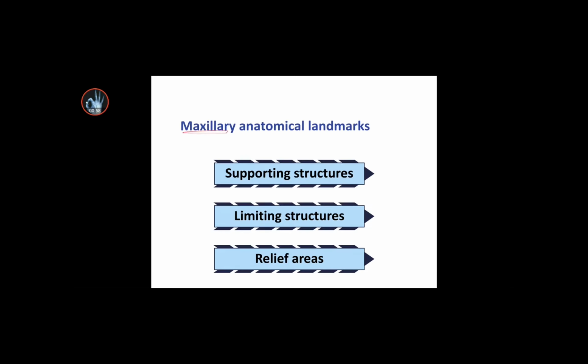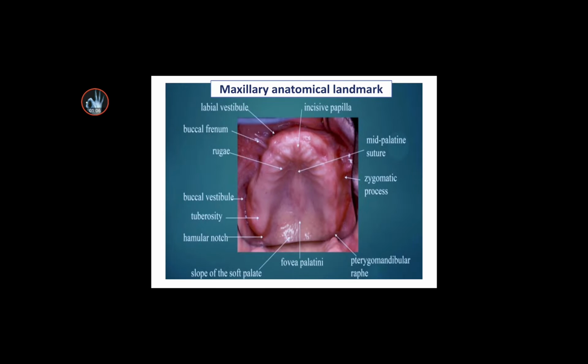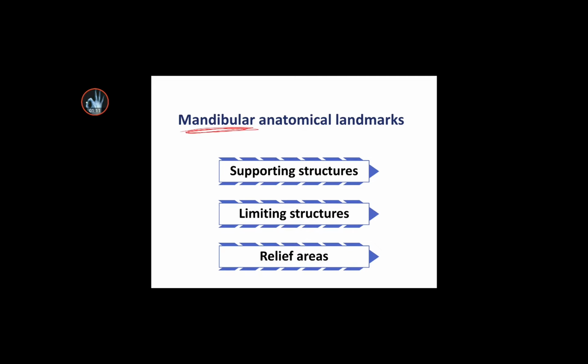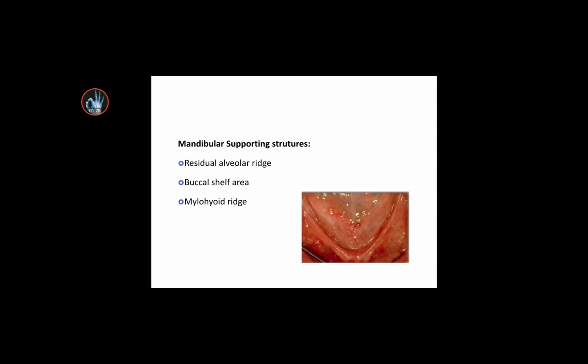In the maxillary we talked about it in 3 lectures: supporting, limiting and relieving structures, and this is the maxillary anatomical landmark. Today we're talking about the mandibular landmark. Especially in this lecture we will talk about supporting structures, and in the next 2 lectures we will talk about the limiting structures and relieving structures of the mandibular anatomical landmark.